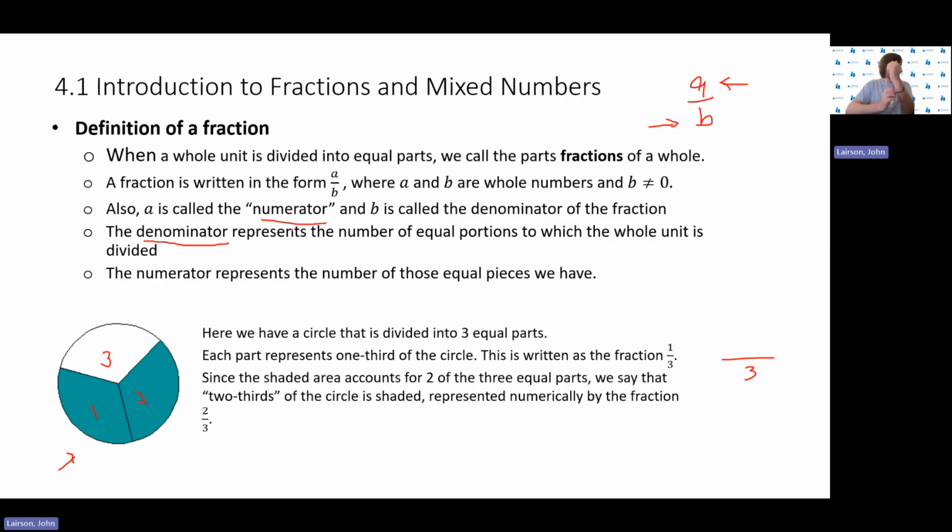And the numerator tells us how many of those equal parts we have, right? So if we have something that's split up into thirds like the circle, and the shaded regions are what we have, we have 2 of those thirds, right? We have this one and this one. So as a complete fraction, I have 2 out of the 3 parts of the circle. So to represent this circle as a fraction would be 2 over 3. The numerator is 2, the denominator is 3.